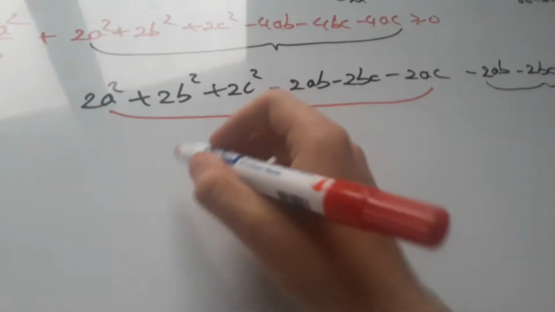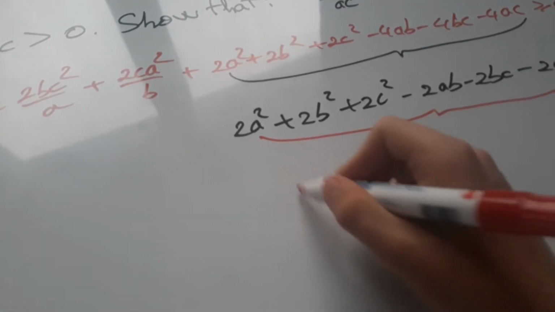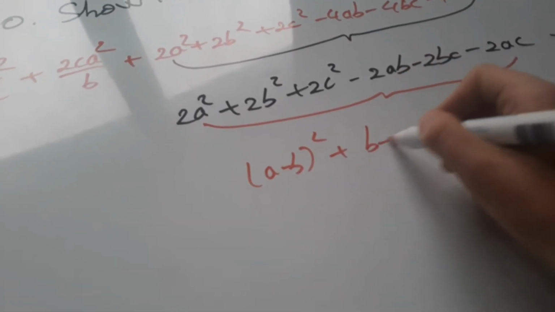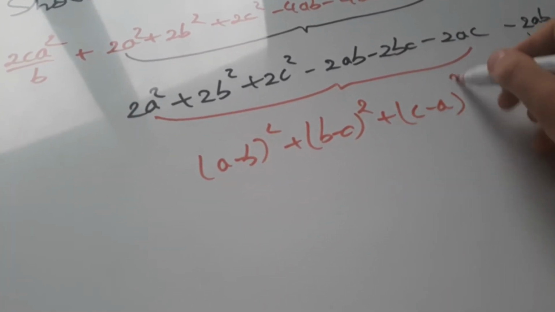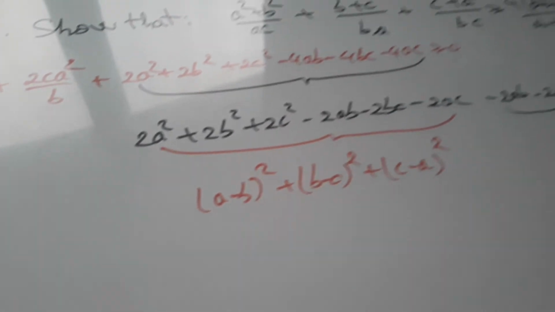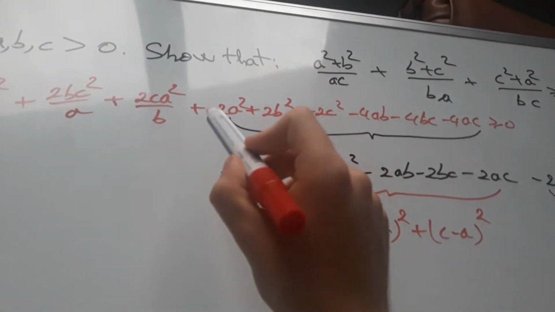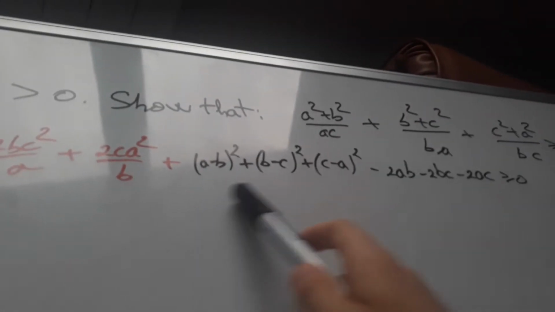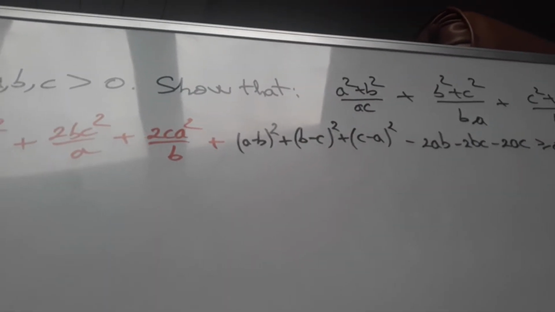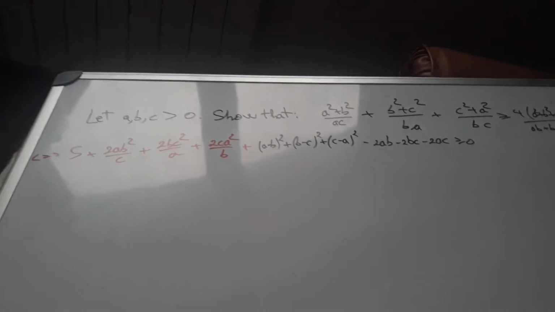So this expression can be written like (a minus b) squared plus (b minus c) squared plus (c minus a) squared. So this expression can be written like this. Okay, here I have some observations.